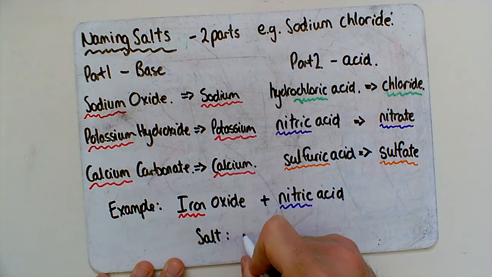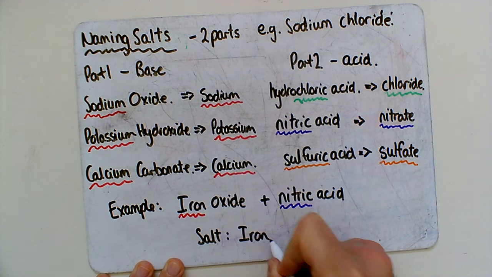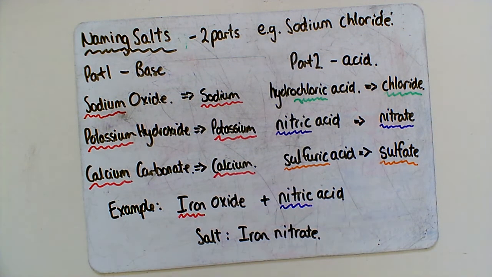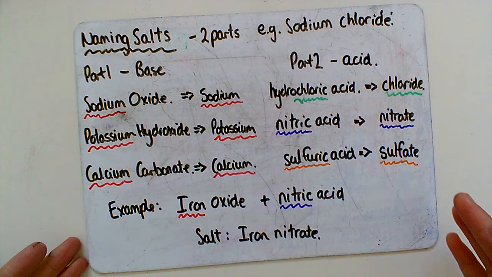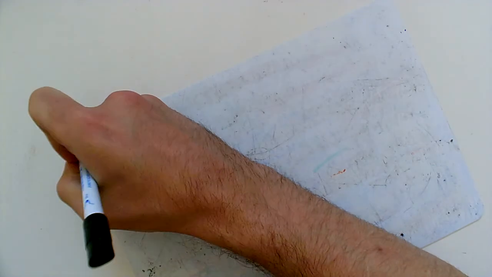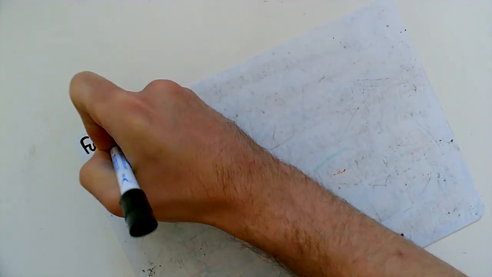So the salt would be iron nitrate. And we need to be able to combine those two things together. So we need to be able to use the general equations and naming salts to give us full equations. So we'll do some practice of that. So full equations.